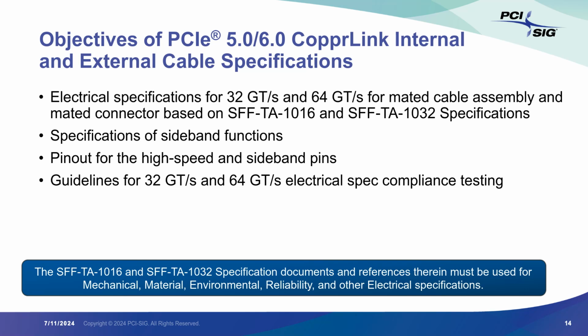It is important to realize that these CopprLink specifications from PCI-SIG need to be used in coordination with SFF-TA-1016 and SFF-TA-1032, which go into more detail on mechanical, material, environmental reliability, and other low-speed electrical specifications. The combination of those specifications provides the full comprehensive standard for these CopprLink specs.